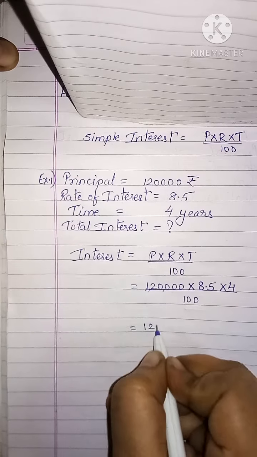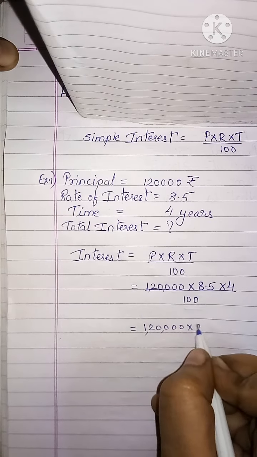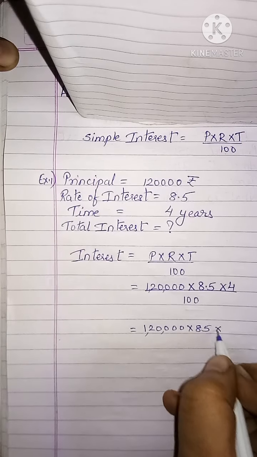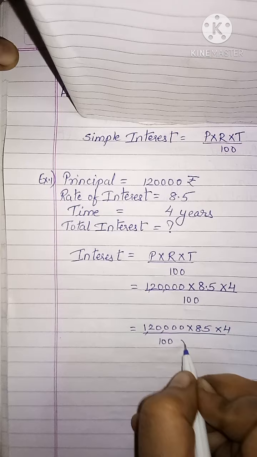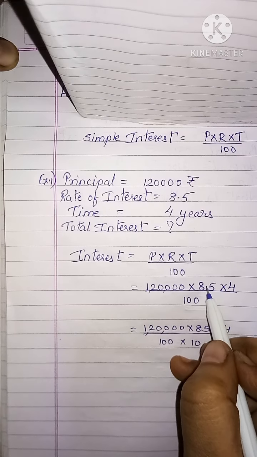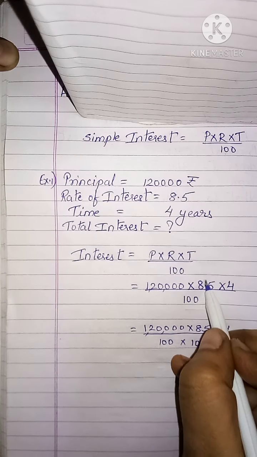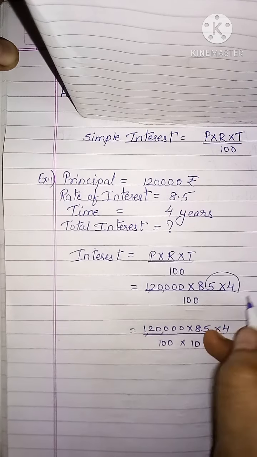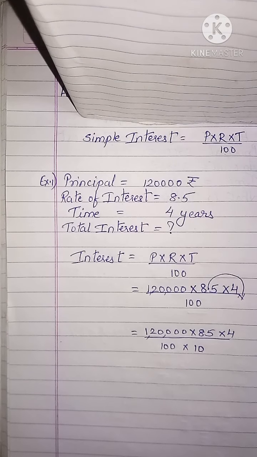So we will write the principal as it is into 85 into 4 upon 100 into 10, because here before one number there is a decimal point, so this decimal point will come down, so it will become into 100 into 10.